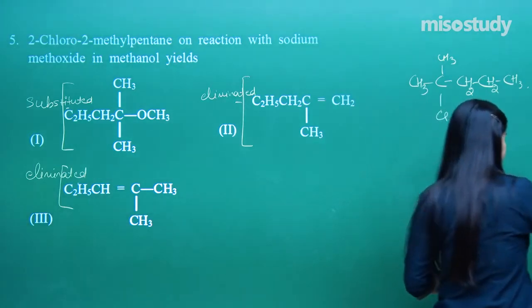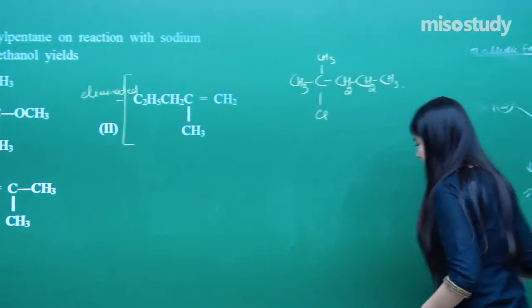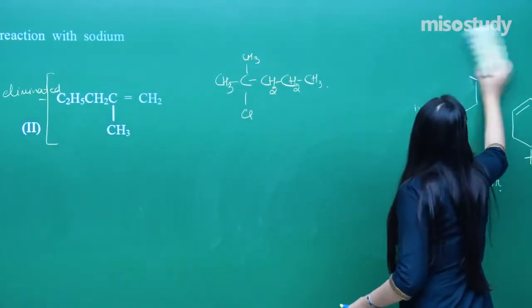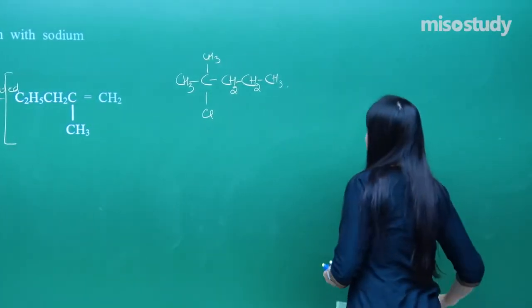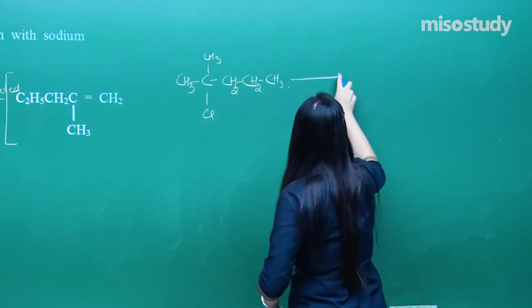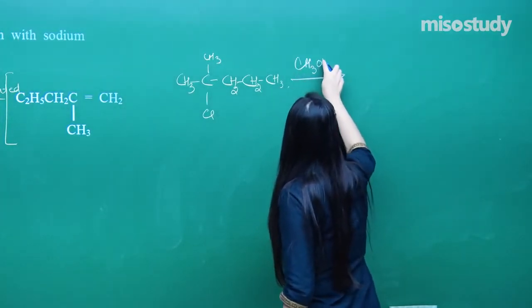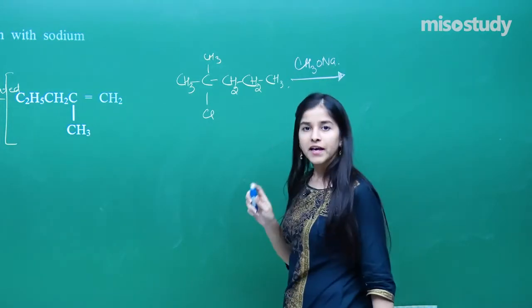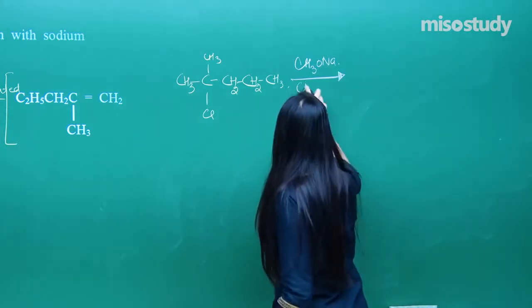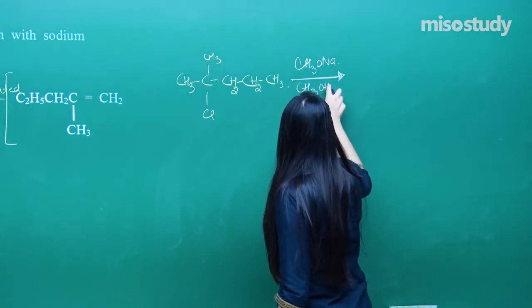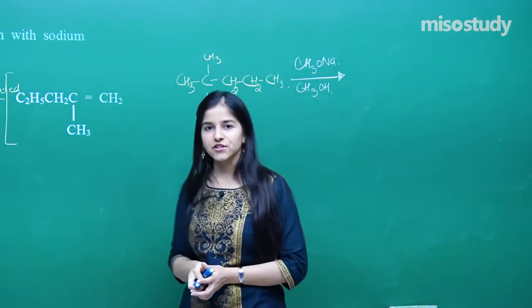So the reaction says, I've got the reagent. The reagent is sodium methoxide, that is this, in the presence of methanol. So it's CH3OH. You need to perform the reaction.